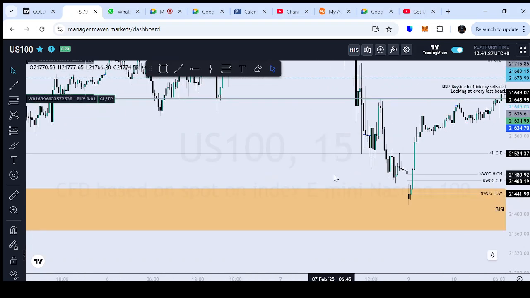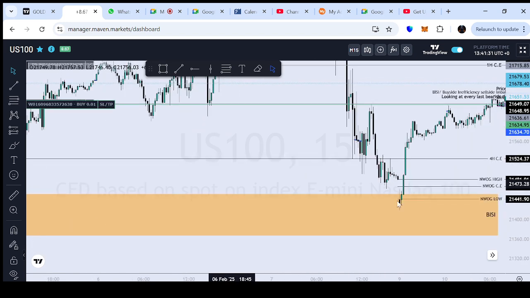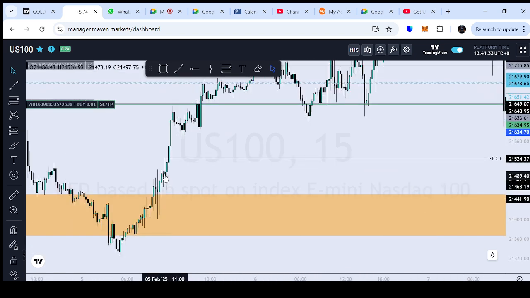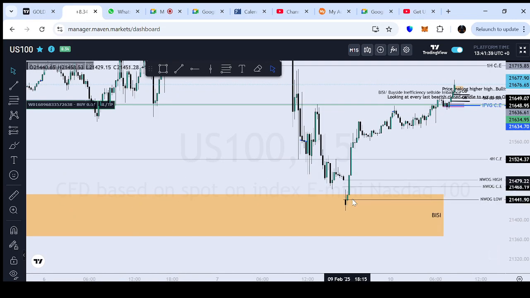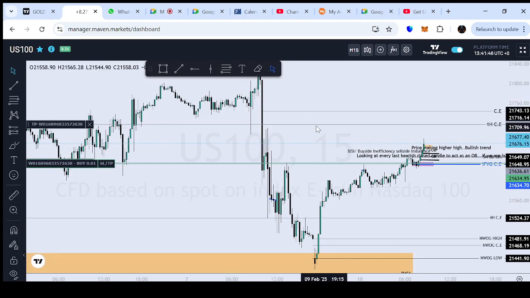On opening price, midnight opening price on Sunday, price traded below and took out this sell side liquidity here with the body. Then price violated the new week opening gap, going to deliver inside this inefficiency.